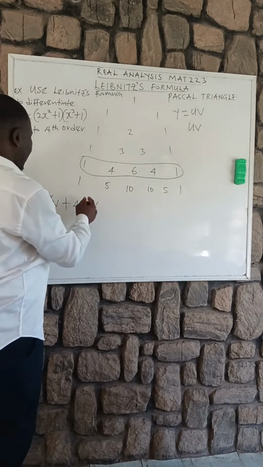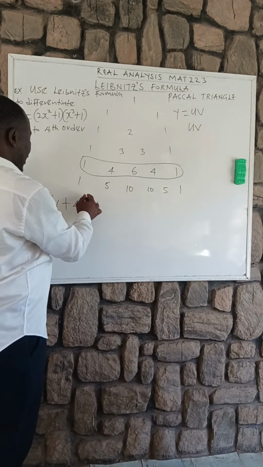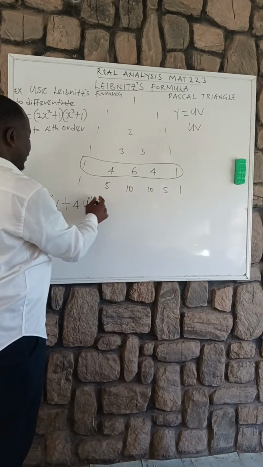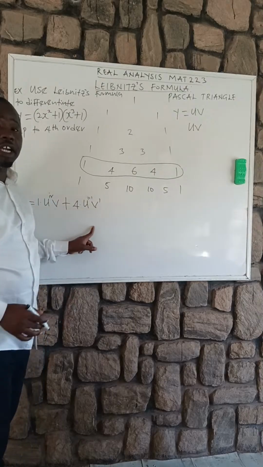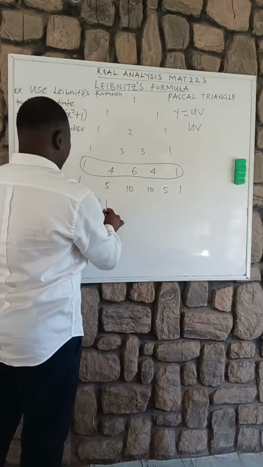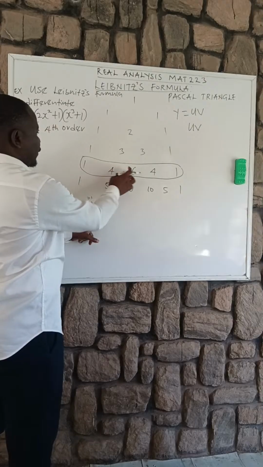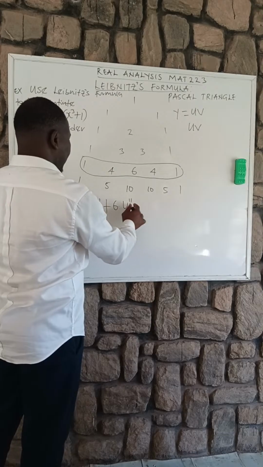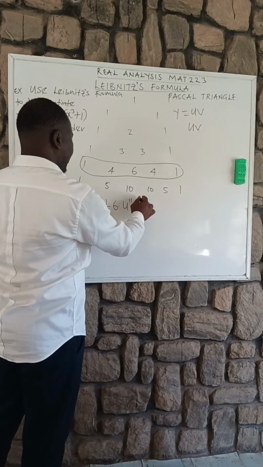So here we are going to have U triple prime, V prime. Then plus the same thing: after 4 we have 6, 6 times U double prime, V double prime.